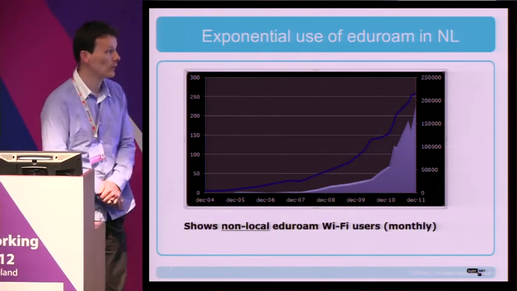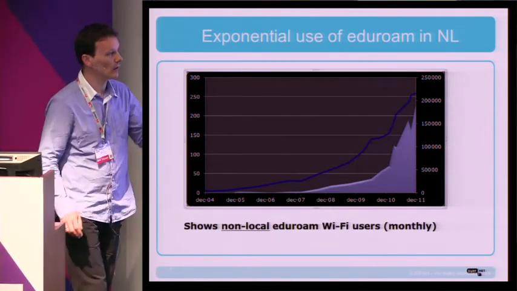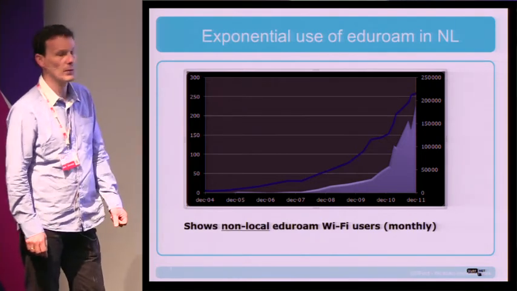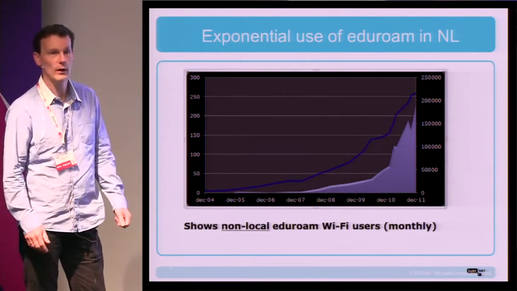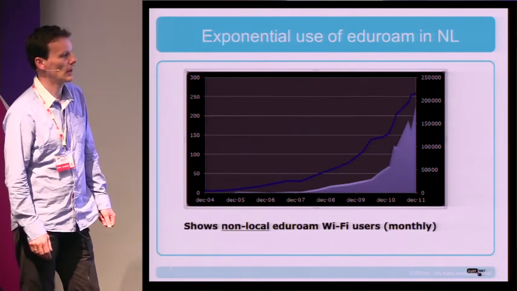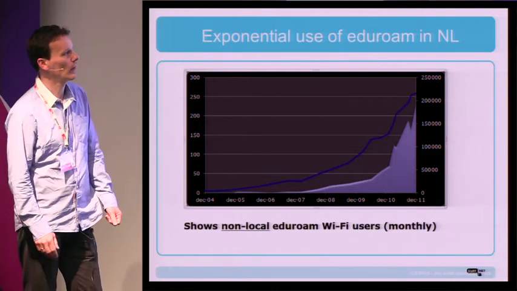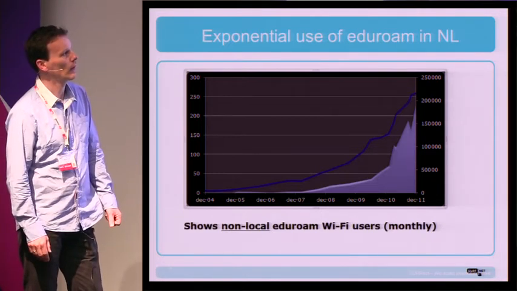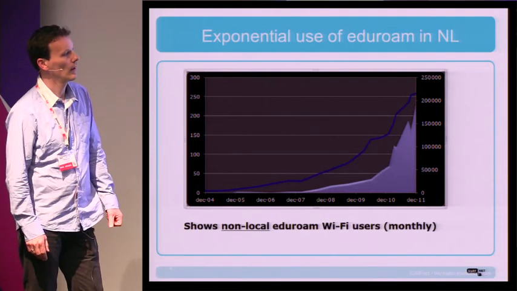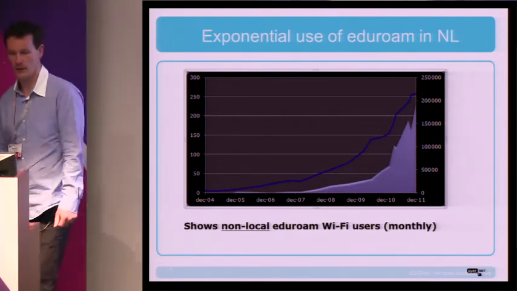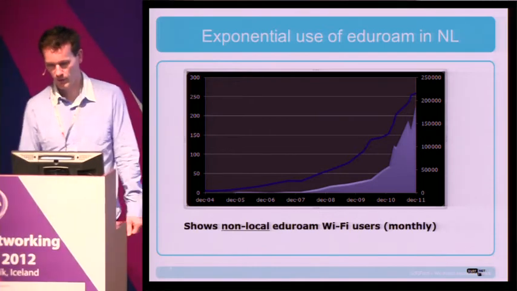And especially when you look at eduroam, this is a graph showing non-local eduroam users in the Netherlands, so the people who go to other campuses to log in. You see, for a year and a half, exponential growth in the use of eduroam, about 200,000 users per month. And that's really growing in the last months, but they are not in the graph here.